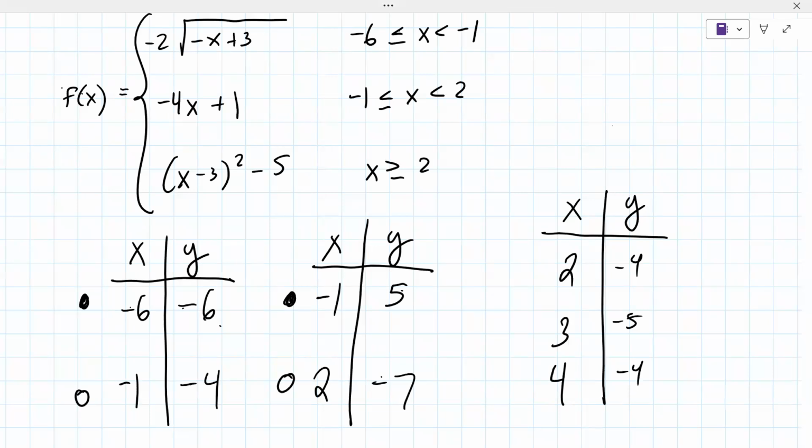All right, good job. So we're going to do a quick sketch of this. Do you have graph paper? Yeah.